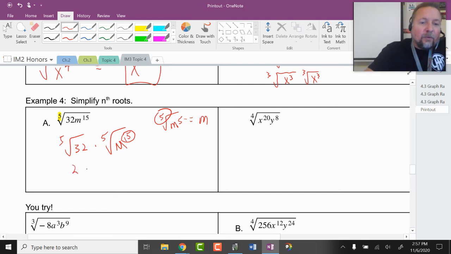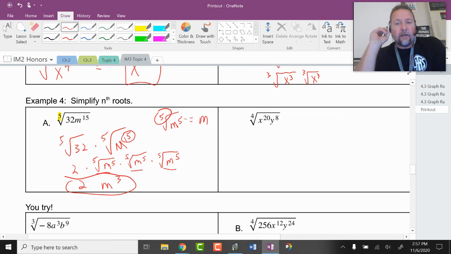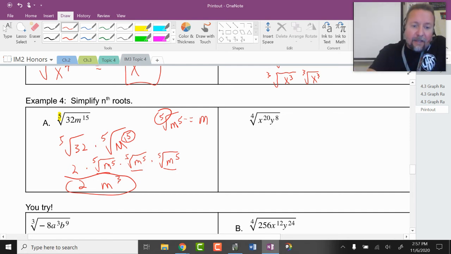Okay, so you get 2, and then maybe you want to think of this as fifth root of m to the 5th, another m to the 5th, and you can split this up into 3 different radicals. And we're implying that you know about multiplying powers. You add these exponents: 5, 10, 15, m, m, m. So 2m to the 3rd is free out of that radical, simplified. And then hopefully you could see real quick, 15 divided by 5 is 3.